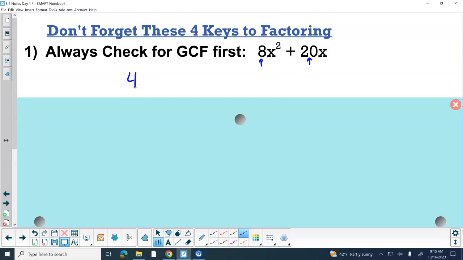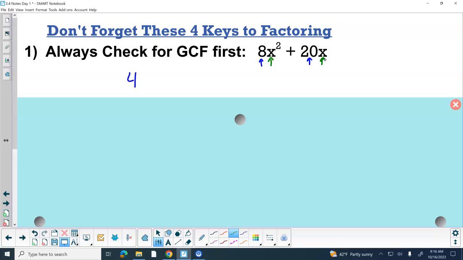Okay? Then I look at the variables. I say to myself, part A, do all of the terms have the same variable? Yes or no? In this case, yes. Part B, what is the smallest exponent that we have of all of those same variables?